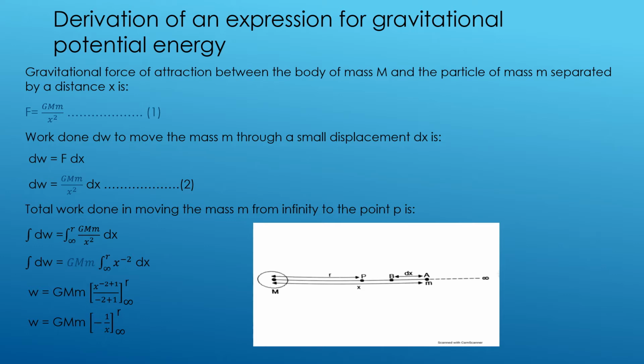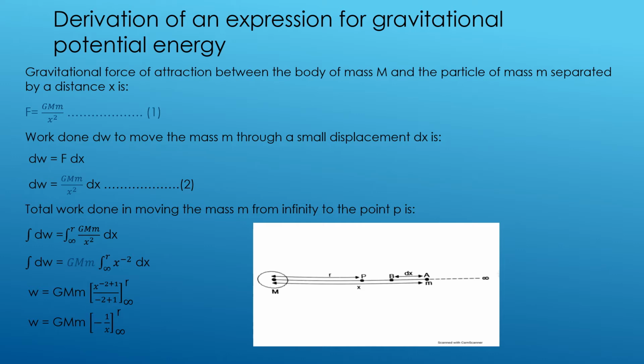As we have already studied, the gravitational potential energy of a particle at any point in the gravitational field of a body is defined as the work done in bringing the particle from infinity to that point. So, we have to calculate that work done.